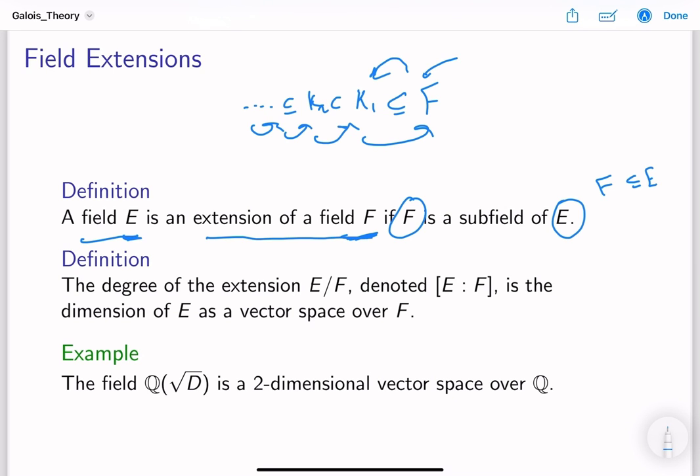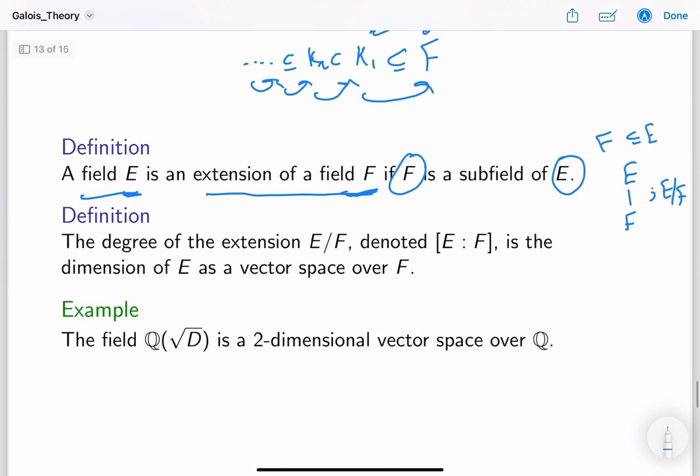The usual notation for this is that you write E and you write a line like that, and you write F, just to present the hierarchy, because later on we'll have a field that is an extension of many fields, and we're going to be plotting diagrams like that. So this is a notation. Another notation for the field extension is E over F, right? So a field E is called an extension of a field F if F is a subfield of E. As simple as that, right?